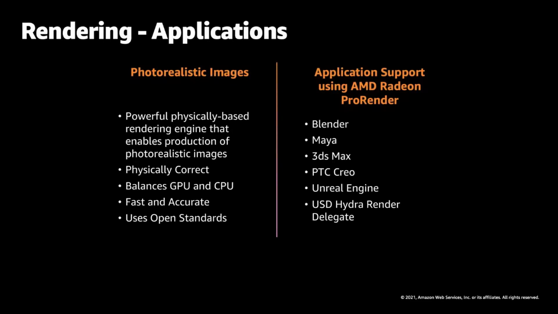This means that it's easy to obtain, free of licenses, and easy to use. The other thing is the application level support. AMD offers the AMD Radeon Pro Render Suite. The Pro Render Suite offers application support for Blender, Maya, 3ds Max, PTC Creo, Unreal Engine, and the USD Hydra Renderer Delegate.